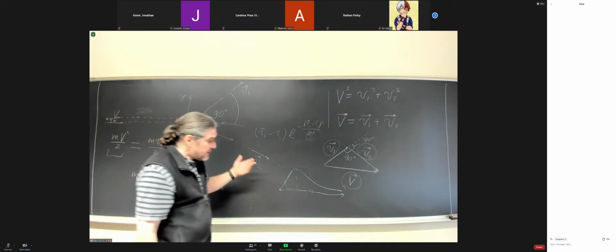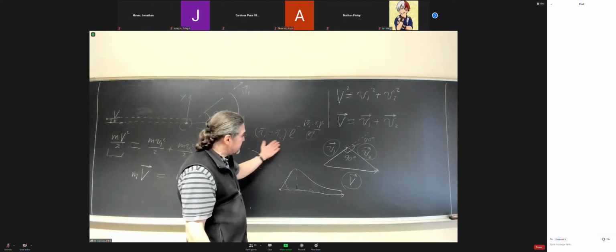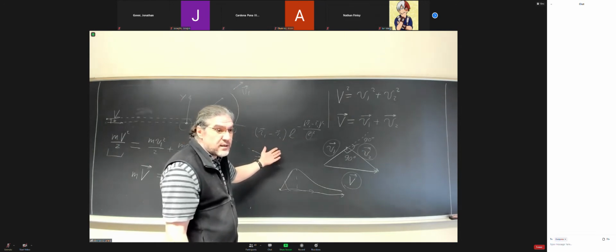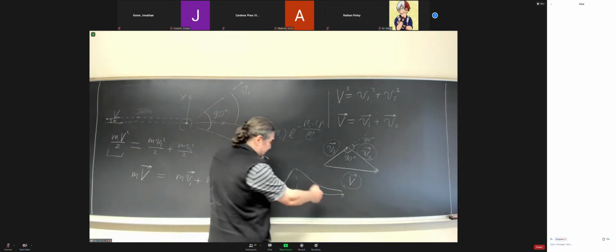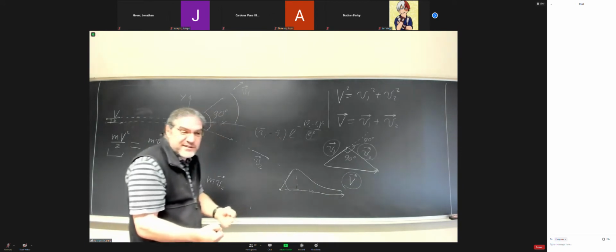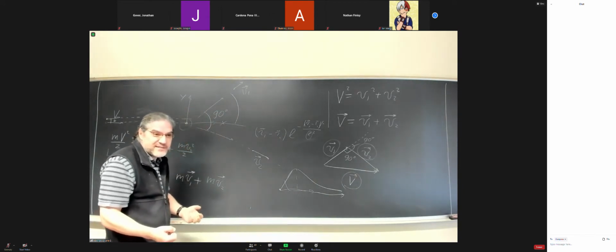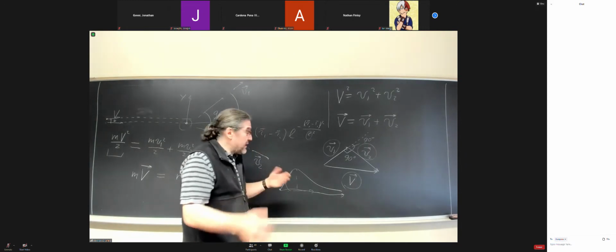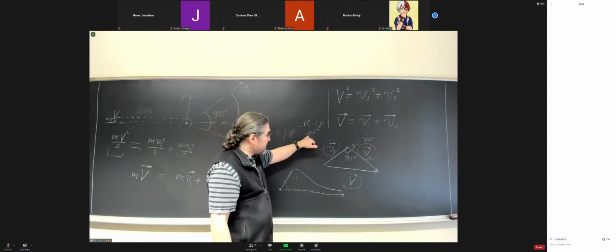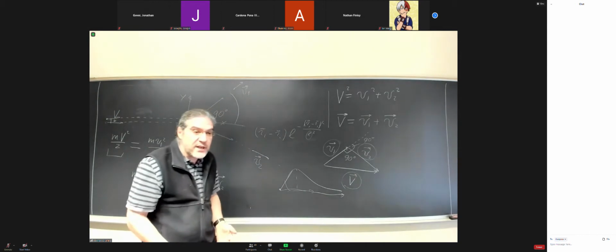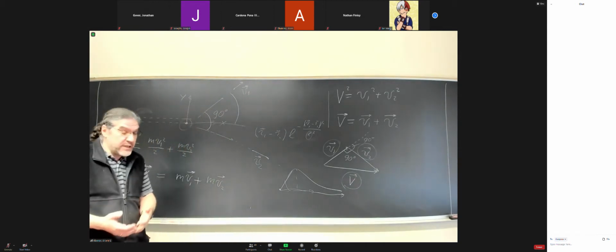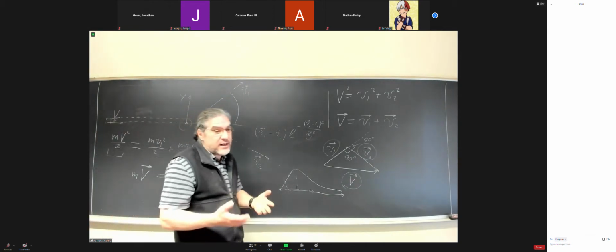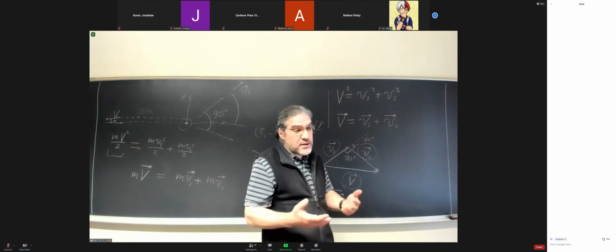Otherwise the formula doesn't make sense, because you cannot bring the particles closer than twice their size, right? But in any case, when the size of the particle is much smaller than L, you can treat it as a point-like particle. And all the mechanical laws which you know are about the point-like particle.